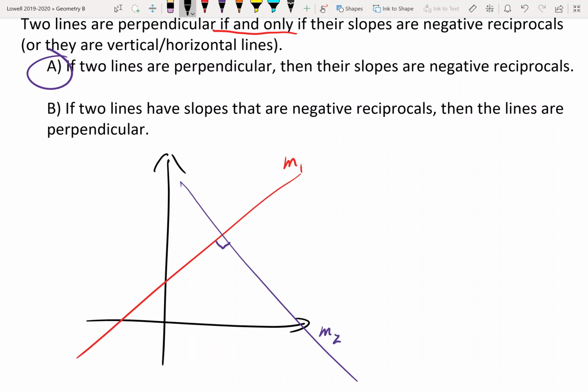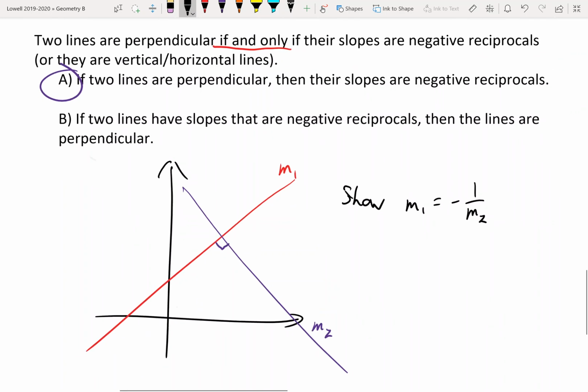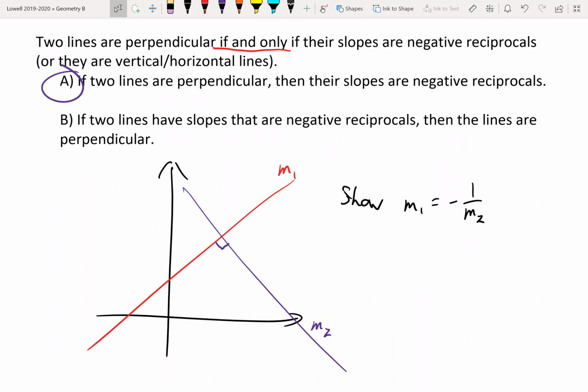For the proof, we would have to show that M1 is equal to the reciprocal of M2, which is 1 over M2, and also negative. One thing that comes up a lot in algebraic proofs is to think about it in other ways.